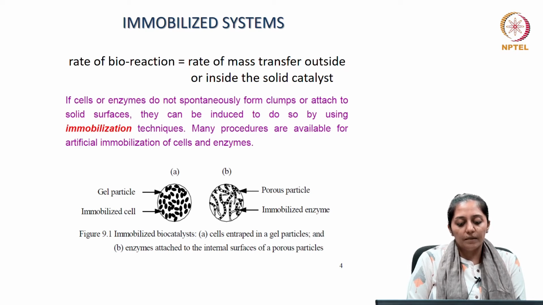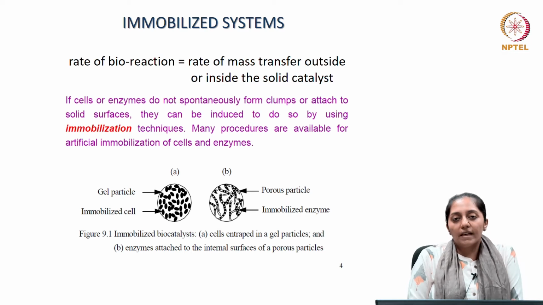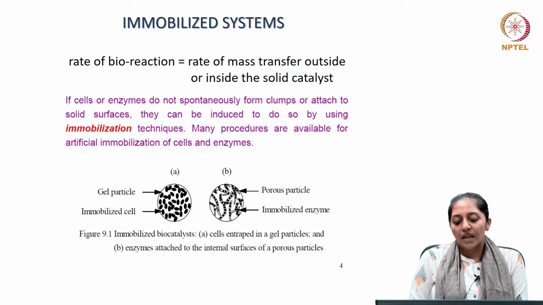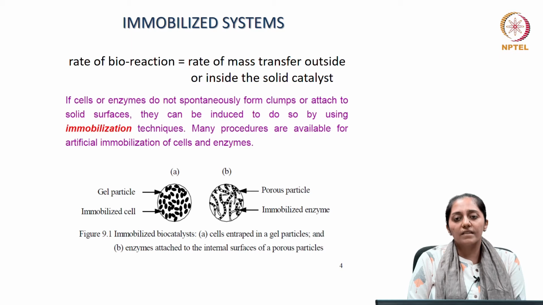You can see in figure A a gel particle that has immobilized cells embedded in it, and figure B shows a porous particle where the cells have settled in the pores, or the enzymes have settled inside the pores of this solid structure.